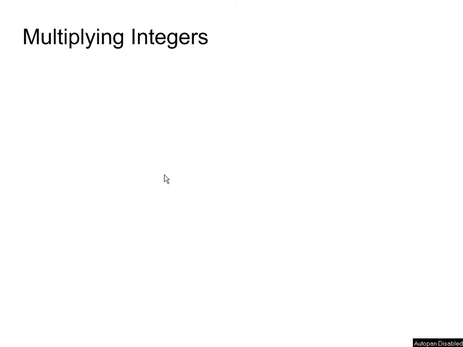Welcome back. In this video we're going to learn how to multiply integers. So really the only important thing that's new here for multiplying integers is the signs, because integers include, and let's just remind ourselves, integers, we use this crazy bold-faced Z to represent them, is the set of all the negatives you can think of.